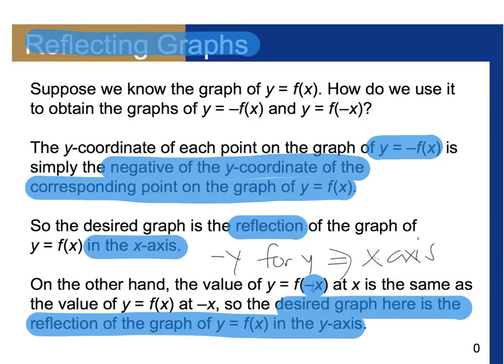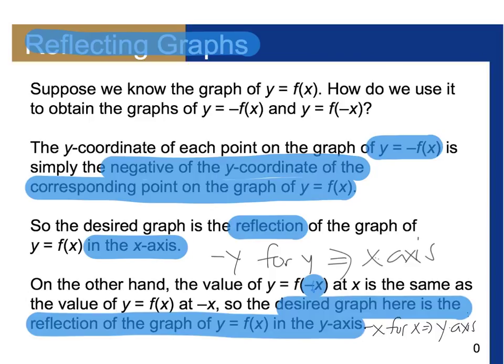And if you have minus x for x, you're reflecting across the y-axis. That's a y-axis reflection. So think of the opposite variable in each case. If you're changing y to minus y, then you're reflecting across the x-axis. If you're changing x to minus x, then you're reflecting across the y-axis.